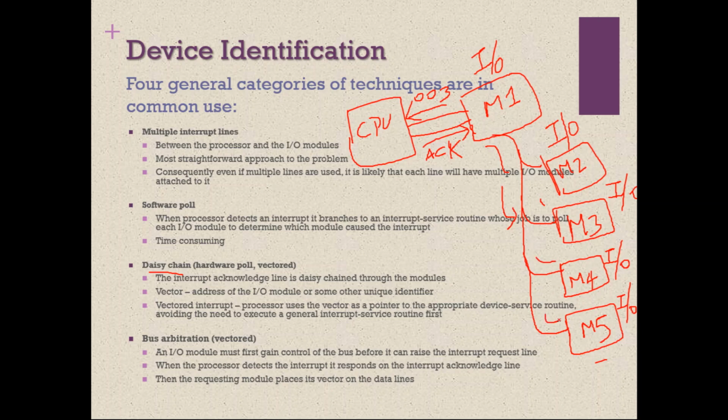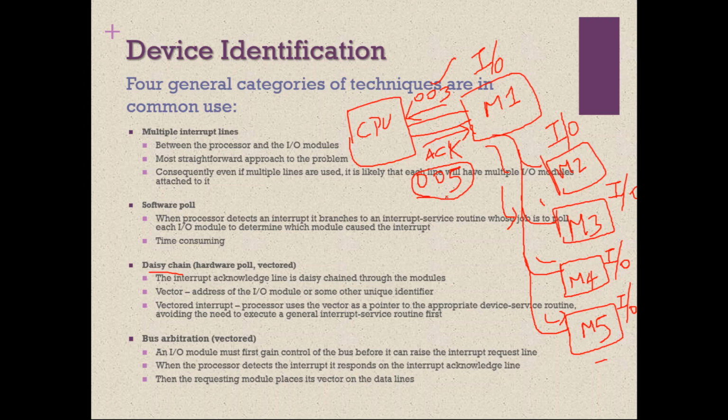After some time, M5 will also send its address 005, but there will be some gap between M3 and M5. So the CPU will understand that two interrupts were created, that is, two IO modules have completed some IO operation. First the CPU will call the interrupt service routine corresponding to 003, that is IO module 3. Next it will call the interrupt service routine corresponding to IO module 5.